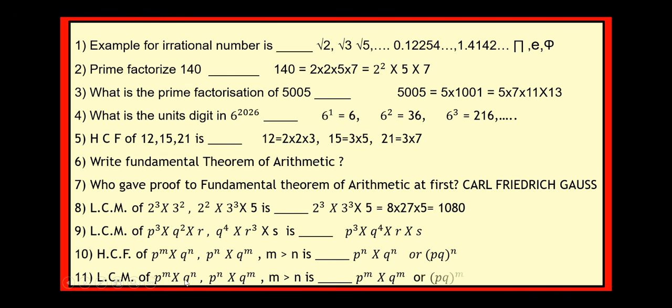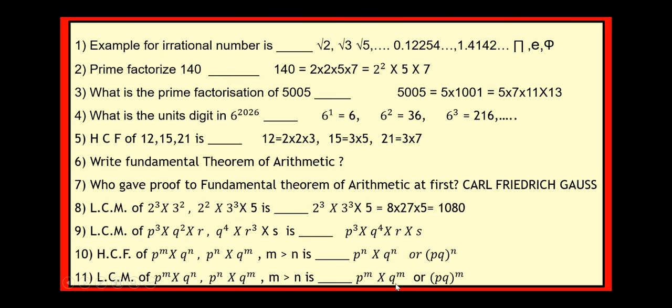Now question number 11. LCM of p power m into q power n, p power n into q power m, where m is greater than n. Now we have to find LCM. LCM means you have to list out all bases of primes. P, Q are prime numbers.